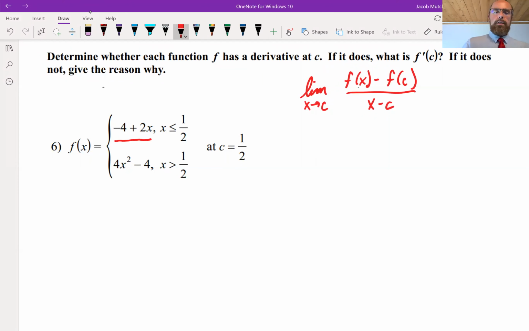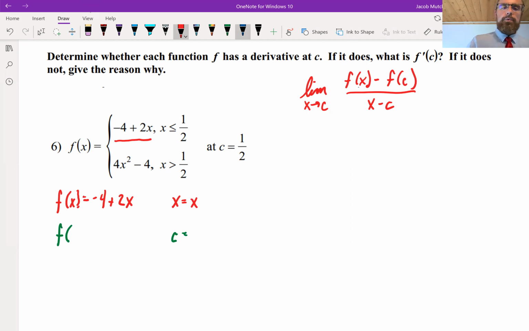So for the left side, let's define f of x as the original, -4 plus 2x. X itself is just x. And then we'll call f at c. X is x.